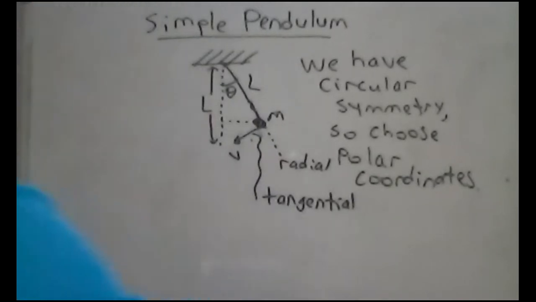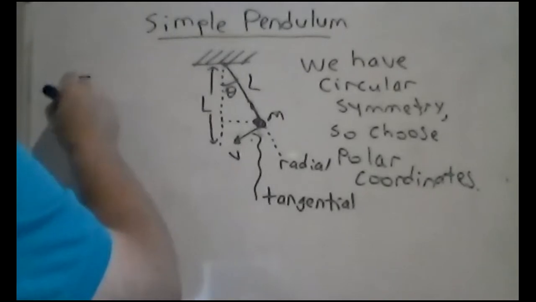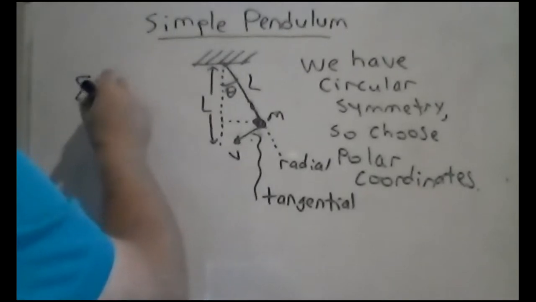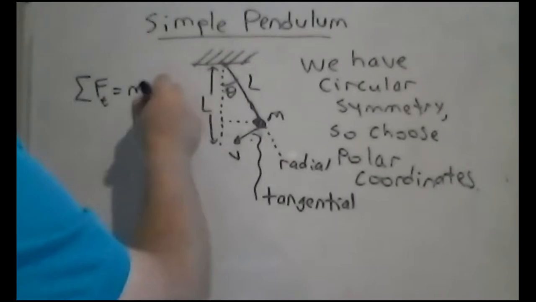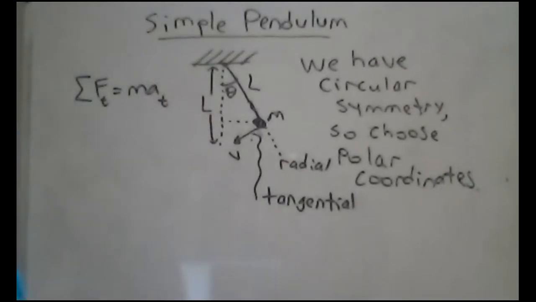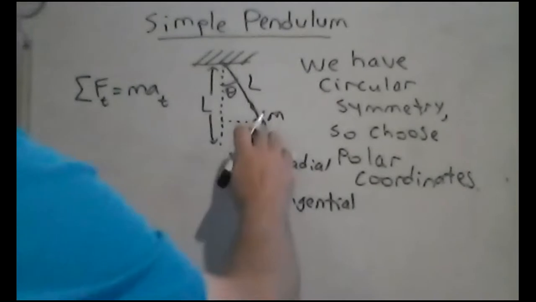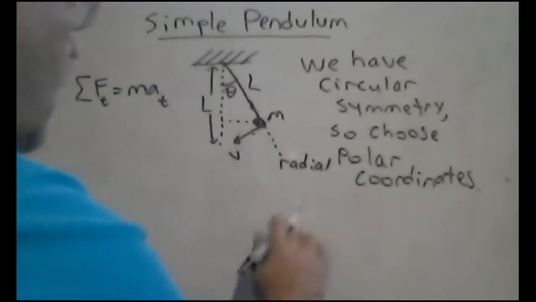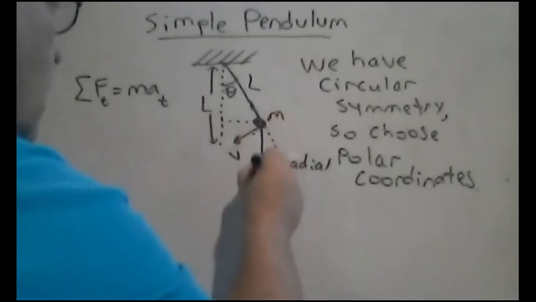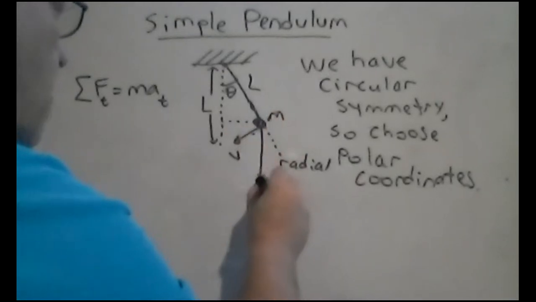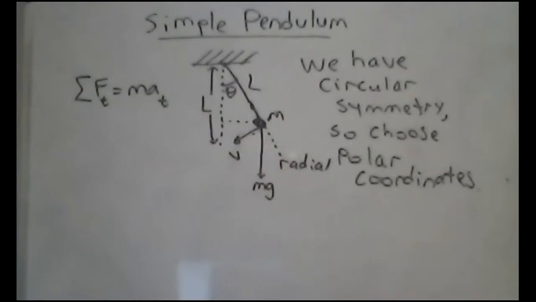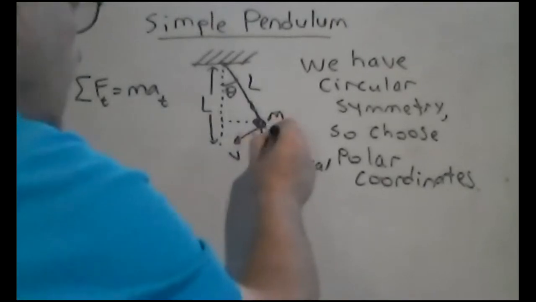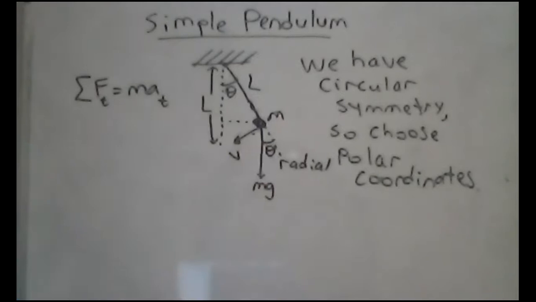So this is what I'm trying to solve now. Sum of all forces in the tangential direction is mass times acceleration in the tangential direction. What forces do I have? I have gravity, weight, going straight down. And this is an angle theta, and it turns out by similar triangles that this is also angle theta.